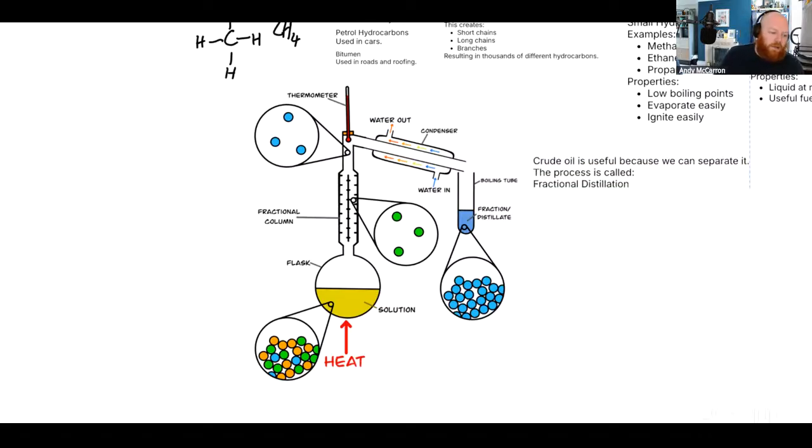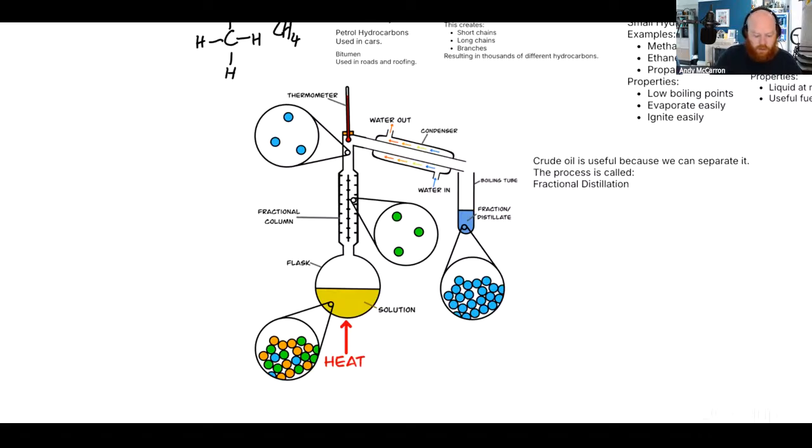Now, this is a simple, small setup where we could do it in a lab. So we're not expecting fractional distillation to actually look like this.